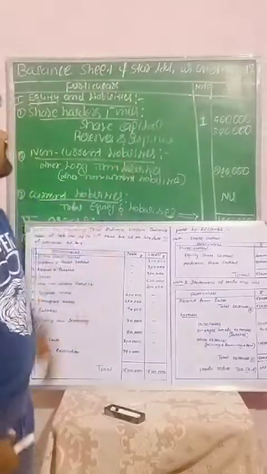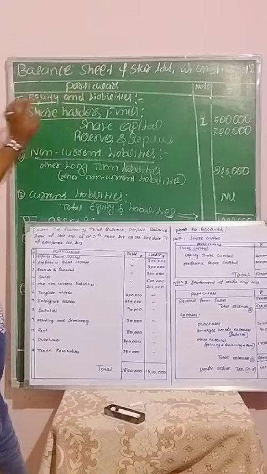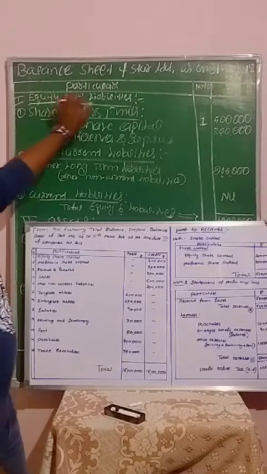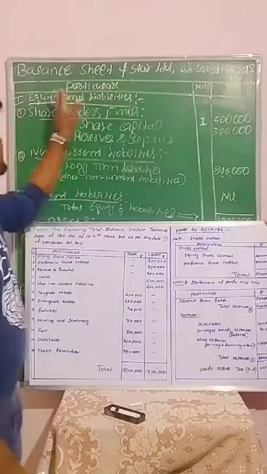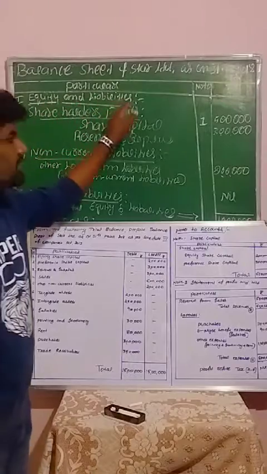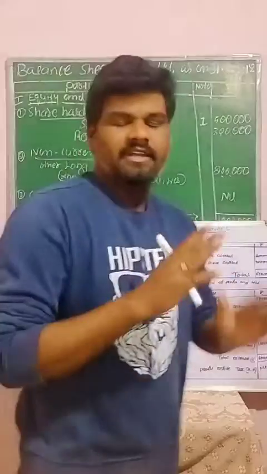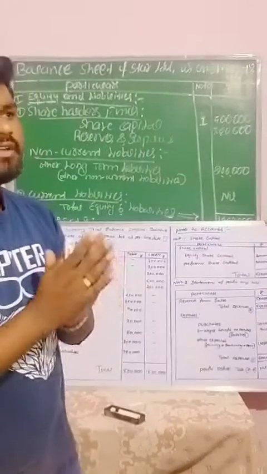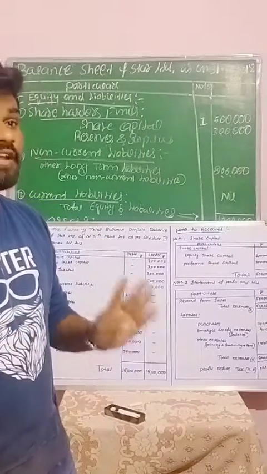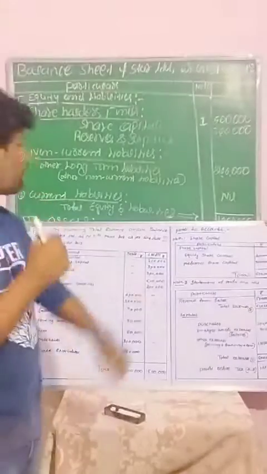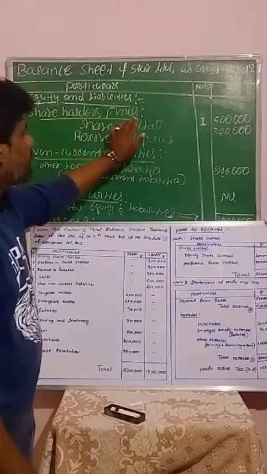Under particulars, the first headline is equity and liabilities. Equity means nothing but capital, and liabilities. Under equity and liabilities we have three heads. The first head is shareholders' funds.